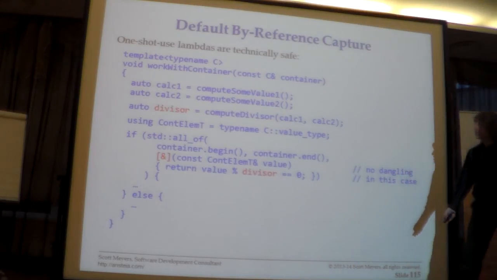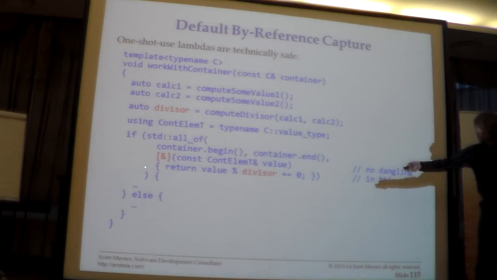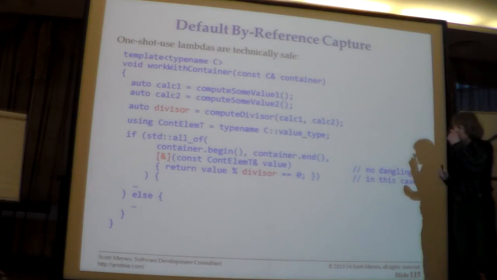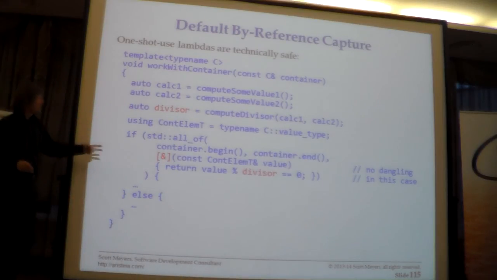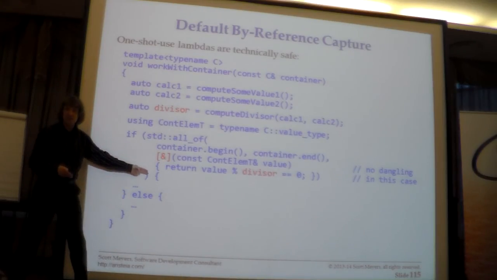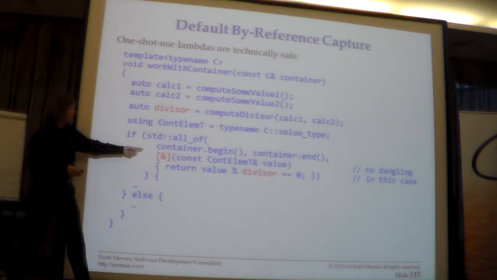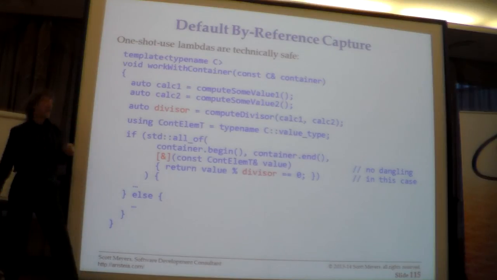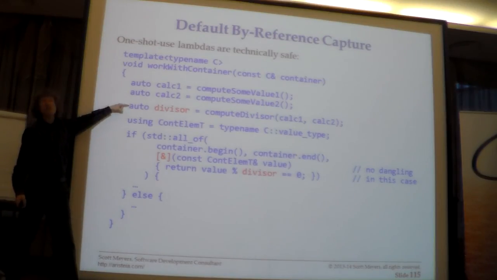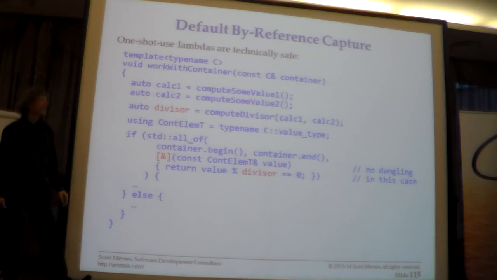So what I want to know is, does every element of this container satisfy this predicate here? Notice the default by reference capture. In this particular case, there's no problem. This lambda will be created here. It will refer to divisor, but this lambda will only exist until the end of this statement. And this statement here, divisor will live at least that long. There's nothing unsafe in terms of lifetime with what I'm showing you here.